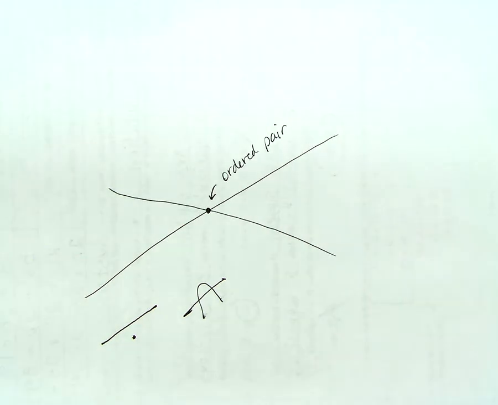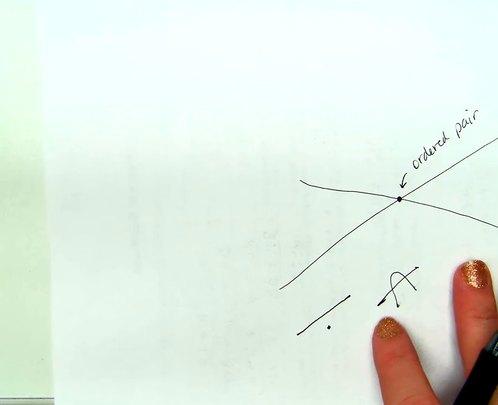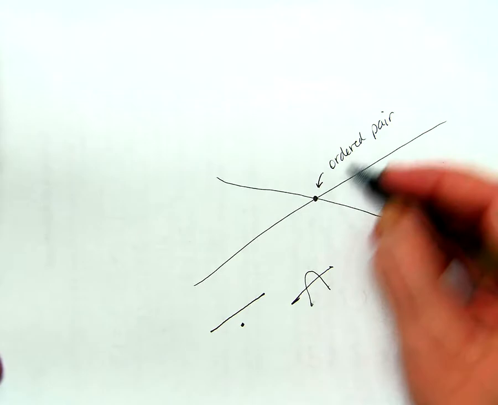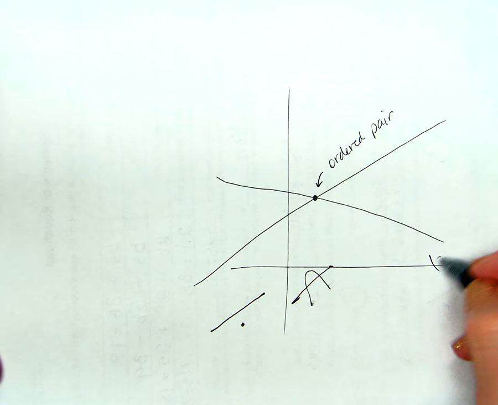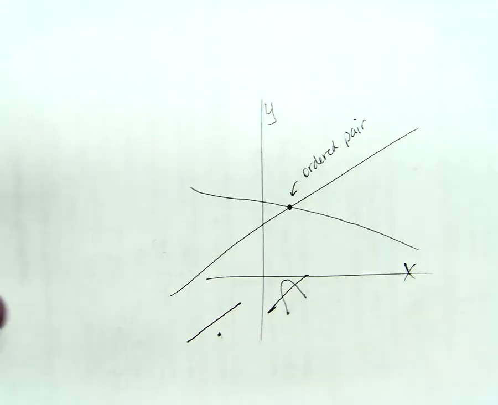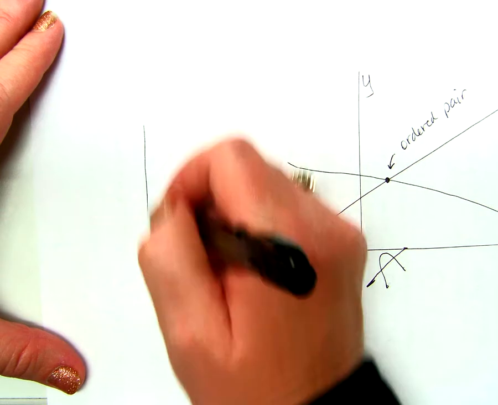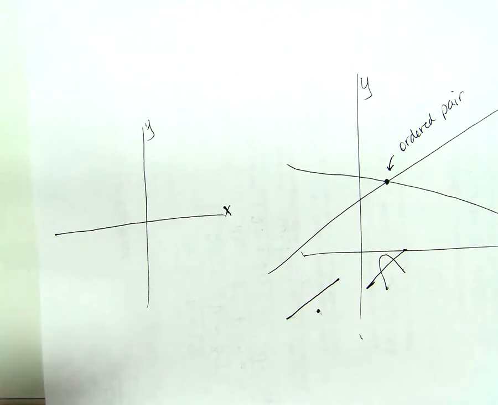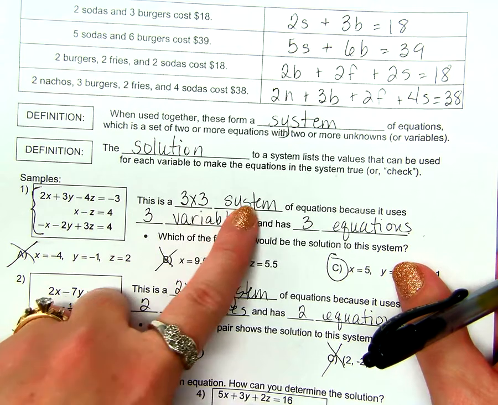Okay? Now I'm going to try to do something that may or may not be successful. I think you'll get the idea. This would be like an x-axis and a y-axis, right? But what if we had an x-axis here and a y-axis, but I had a 3x3 system like this.